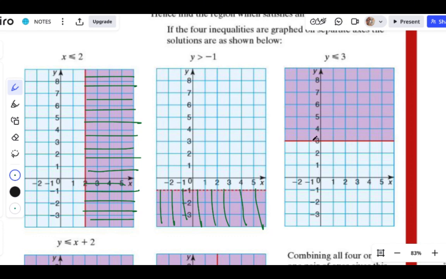After that, less than is the bottom side. If it said shade the region which satisfies it, we would have shaded the downside. But it says leave unshaded, meaning don't shade that region which satisfies it. Shade the opposite way. So we shade this way, which is not the region which satisfies it.